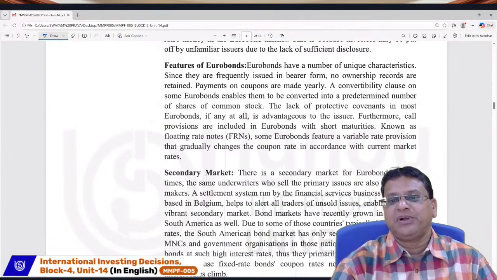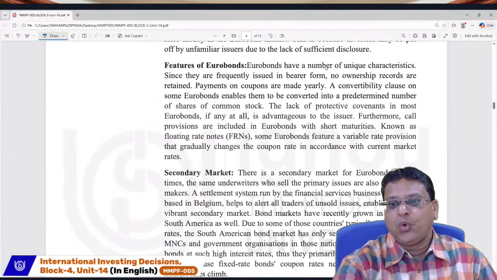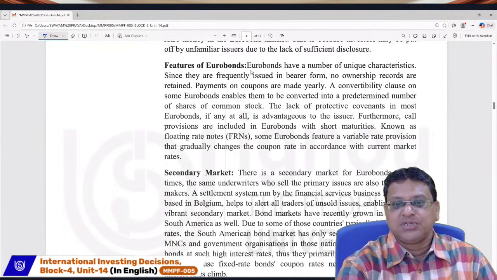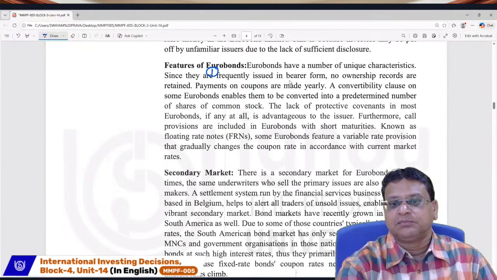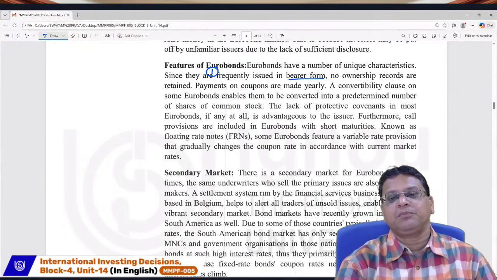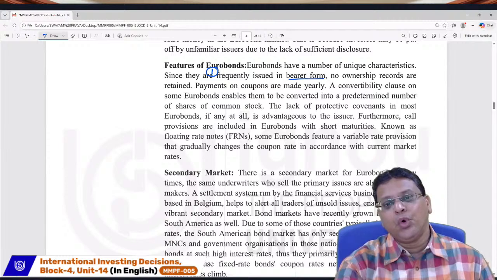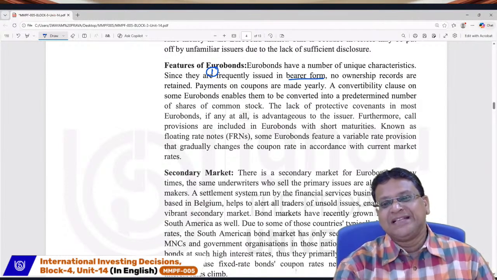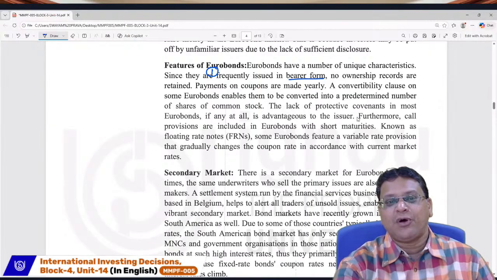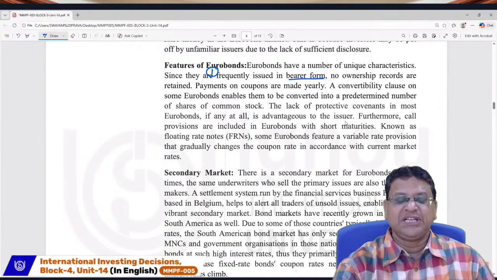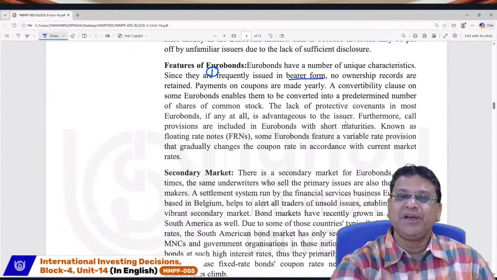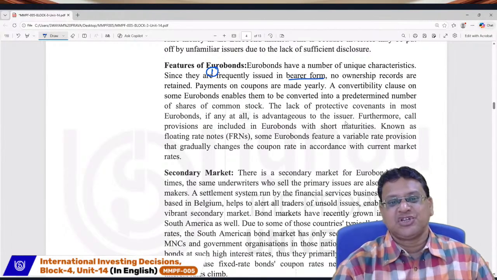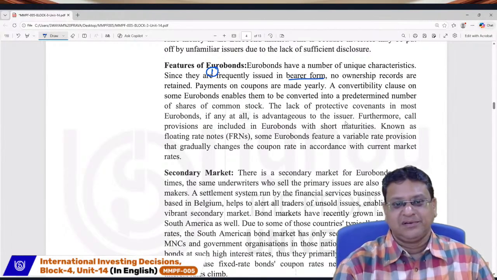First feature of Eurobond is there is no ownership record, and these bonds are issued in bearer form. What is bearer form? Anyone who owns it becomes the owner. There is no registration, no ownership record of the bond. So these bonds can be transferred merely by delivery, just like a currency note.